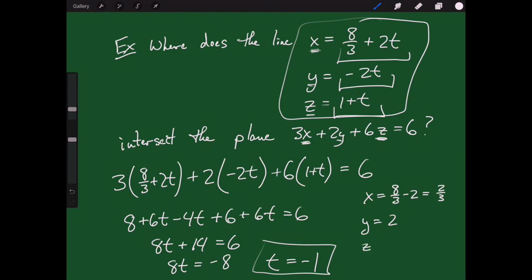And then z is going to be 1 plus minus 1, which is 0. So the point that I'm looking for here is 2/3, 2, 0. And this is my answer. 2/3, 2, 0 is the point where that line and that plane intersect.